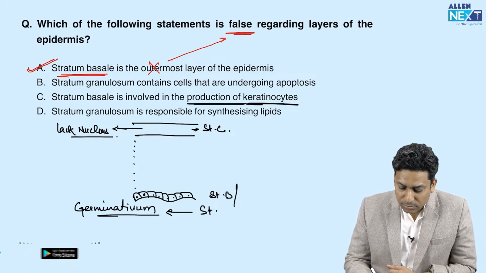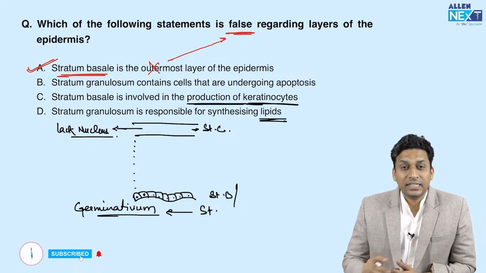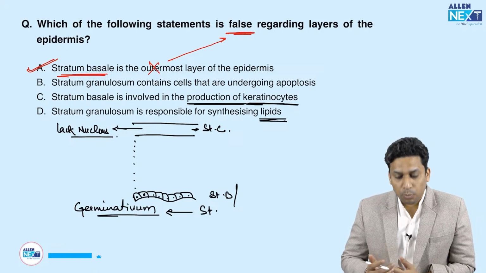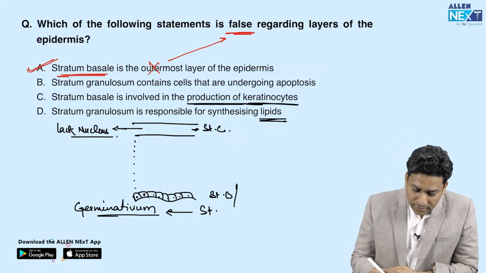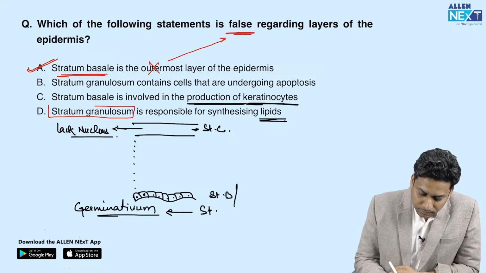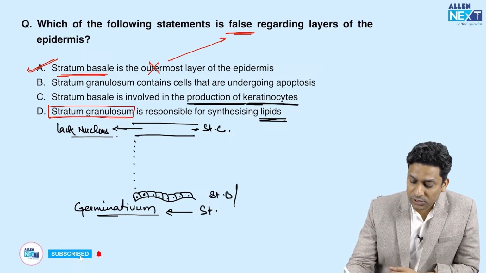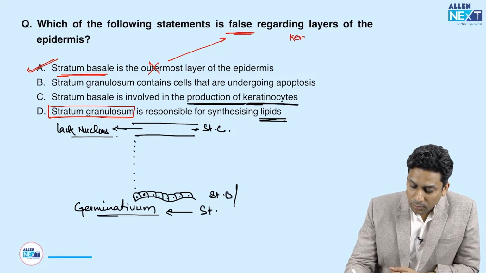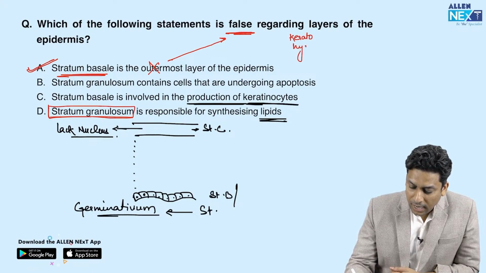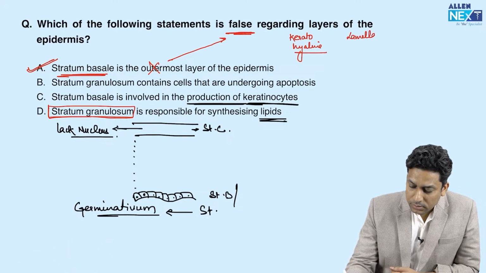Stratum granulosum is responsible for synthesis of lipid. Yes, correct. This statement is also correct. Why? Because I told you that stratum granulosum, as the name itself is suggestive, granulosum, has granules. Which granules? Keratohyaline granules and lamellar granules.